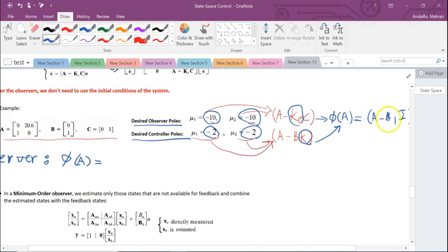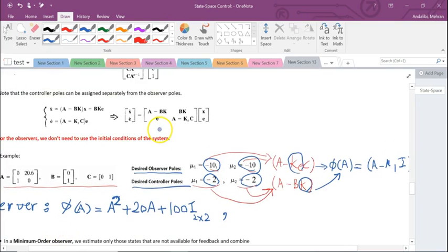So it's A minus minus 10, it's going to be A plus 10I times A plus 10I. So it's going to be A squared plus 20A plus 100I, with I of 2 by 2, of course, because this is a 2 by 2 matrix A. So that is phi of A.